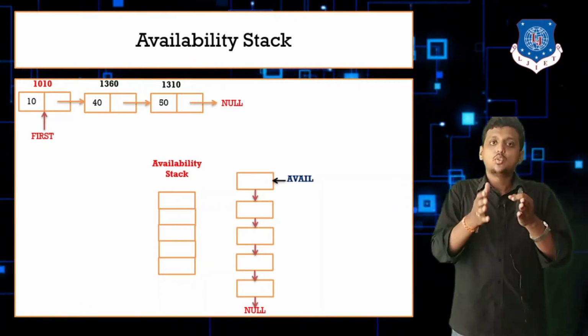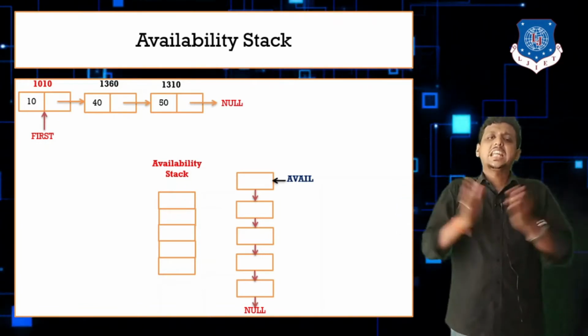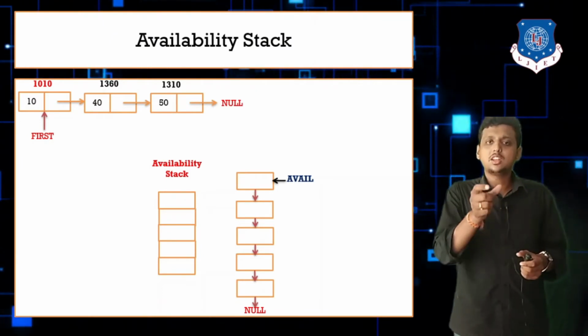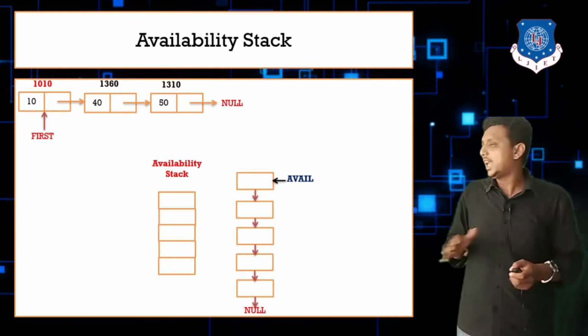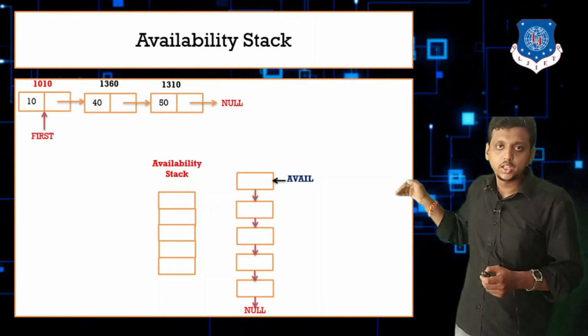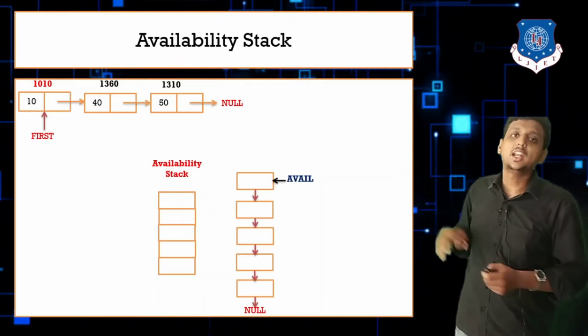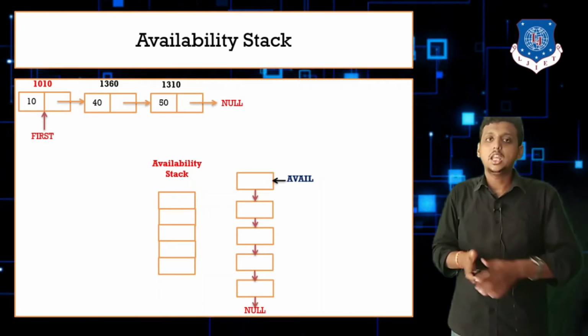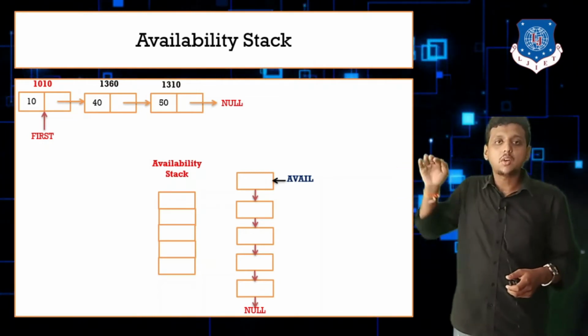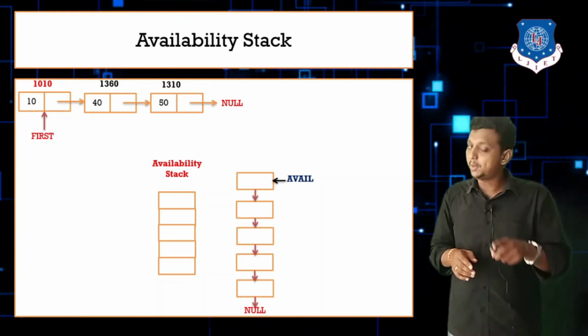Fine. So to understand the availability stack theory in a better way, I'm going to use some basic terminologies like the topmost node. Whatever node the pointer is pointing to, that node is recognized by that name. See, what is the name of the top node? That is avail, because avail is pointing over there. Again, I'm repeating the sentence.